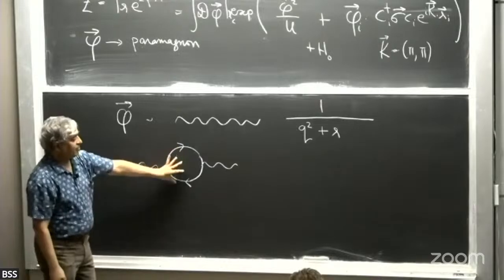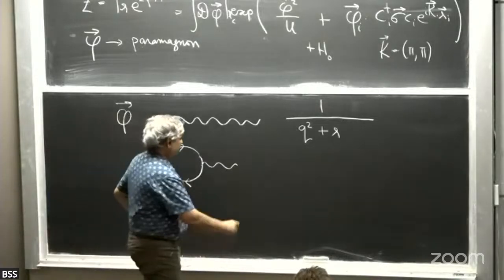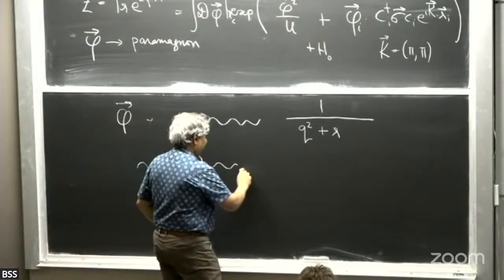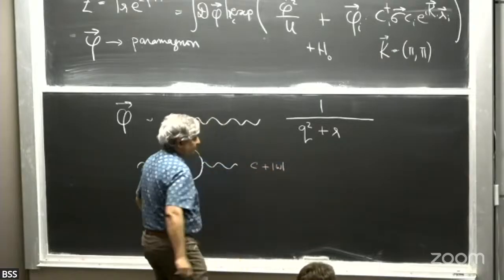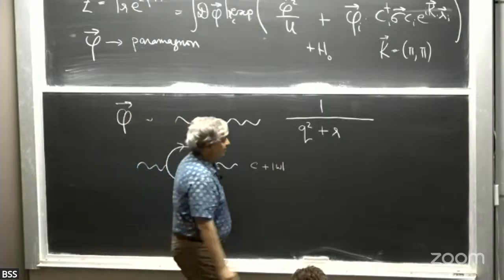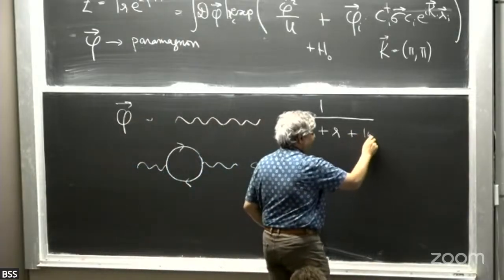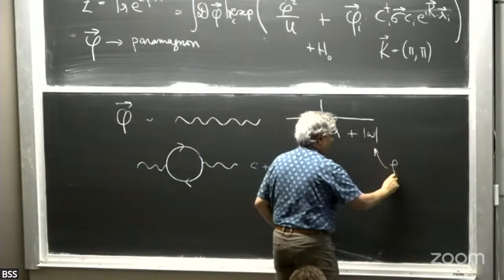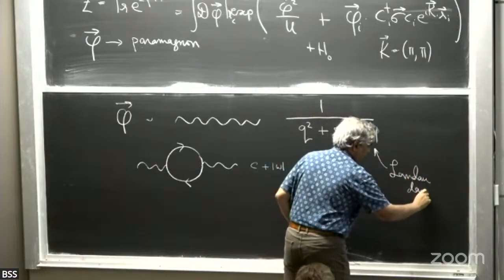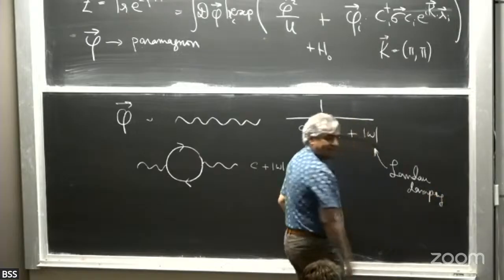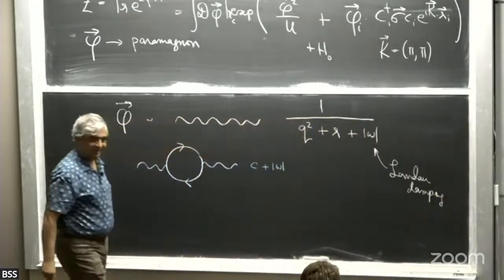So for antiferromagnetism, this is a simple behavior. It's some constant plus mod omega with some coefficient. So we put that over here. And so this is what's called Landau damping in this context. Okay, I'm sure Andre spent quite a bit of time on this, right?